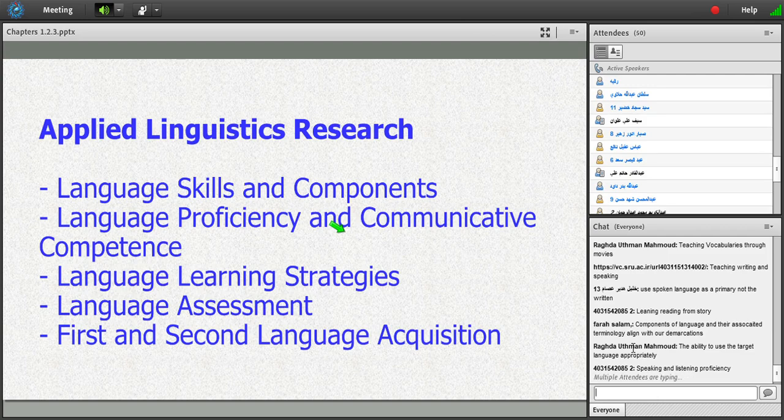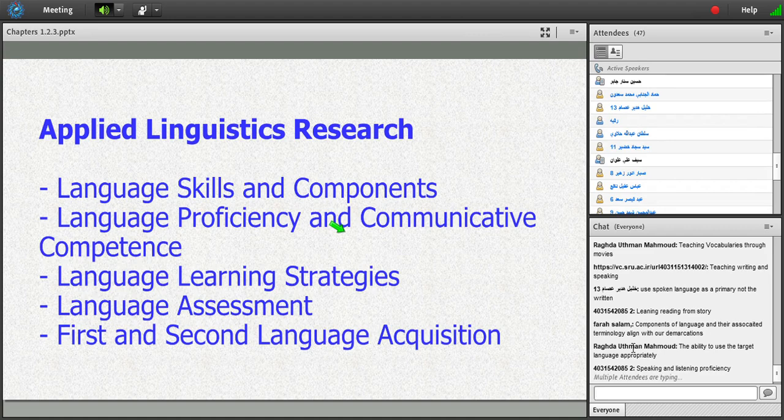You know, communicative competence has four components or four dimensions. One is grammatical competence, when the students know the grammatical rules of a language. The second dimension is discourse competence. It means how the students are able to connect the ideas and form speech or write something. The third one is sociolinguistic competence.